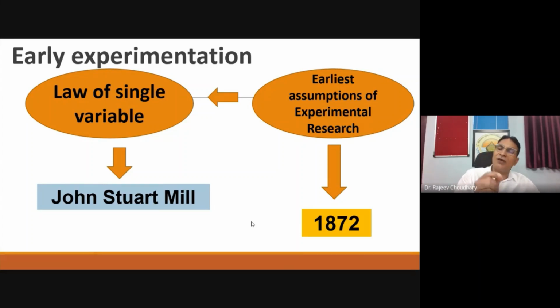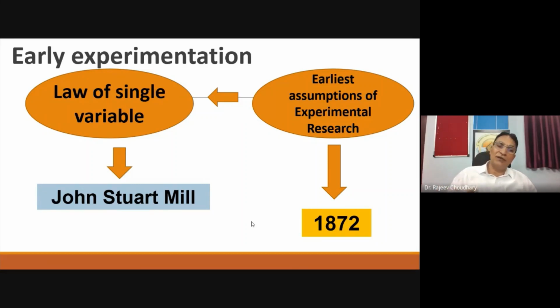As per this law, if two groups are alike in all respects, one experimental group and another control group, and if one element is added to one, not to another, that is, morning walk is given to the experimental group, not to the control group, and if a difference exists between the experimental and control group, that is due to the added element. In our example, the added element is morning walk.